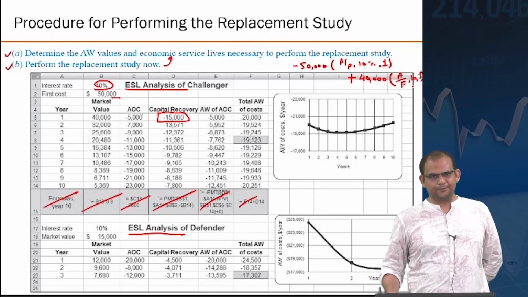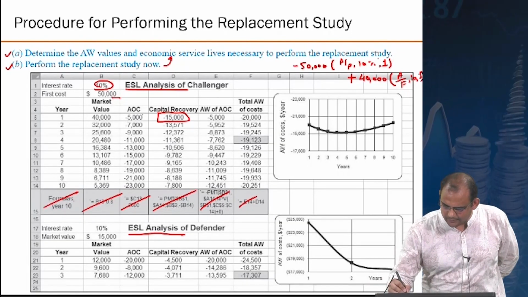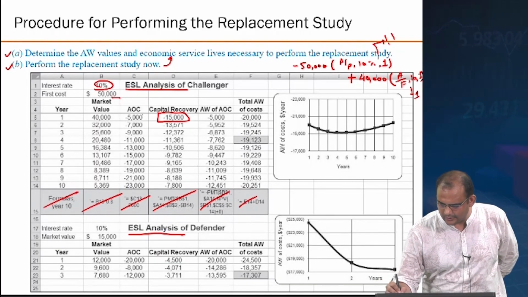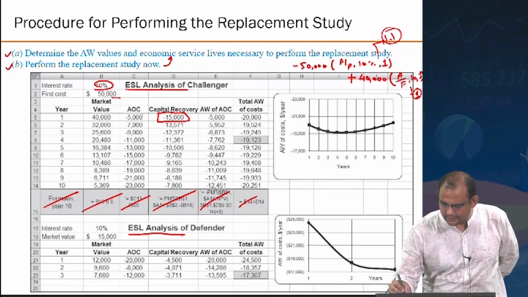Calculate this value. This should be 1.1 and this should be, I think, 1. But give me the answer.